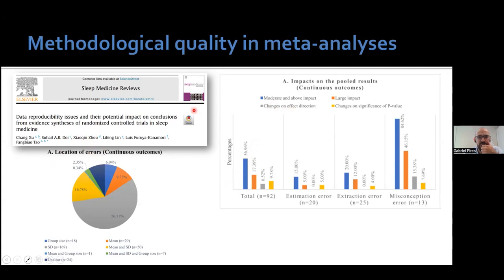So this is a very nice paper, very hard to read because it's very technical. This is for those who really like meta-research. But this is very concerning. You can see that 6% of the sample he evaluated could have their effect changed to the opposite direction if proper methods were implemented.